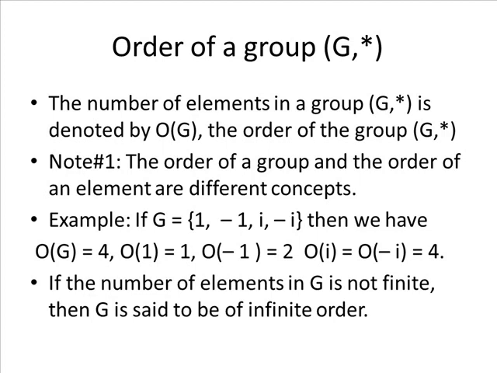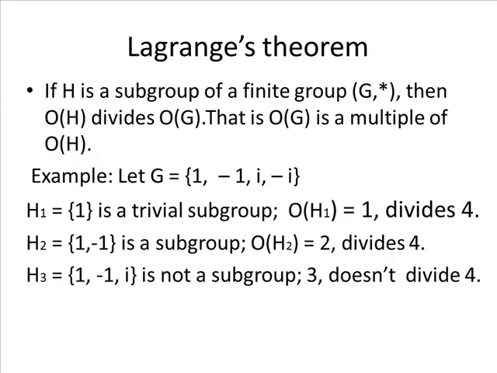And in case your group has an infinite number of elements, you call it a group of infinite order. Now in this light, we have an important result called Lagrange's theorem. This theorem helps us eliminate certain sets which will never form subgroups of a group G star.